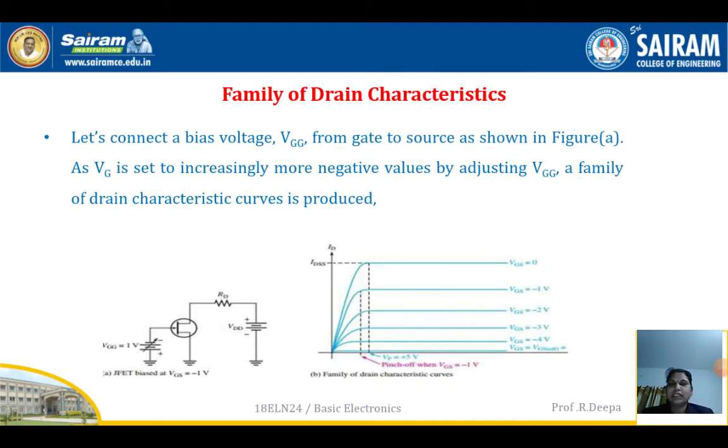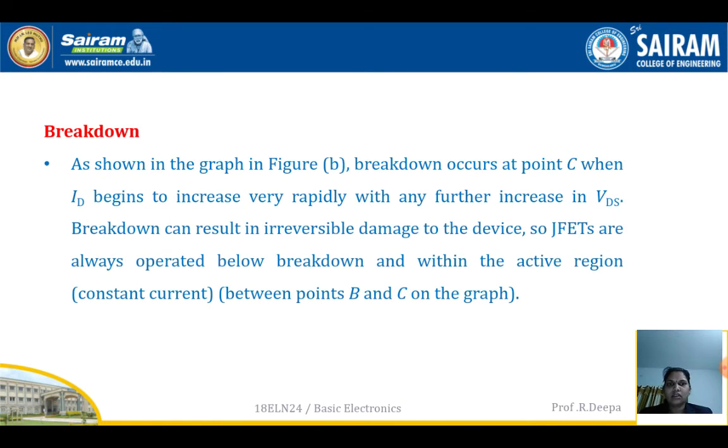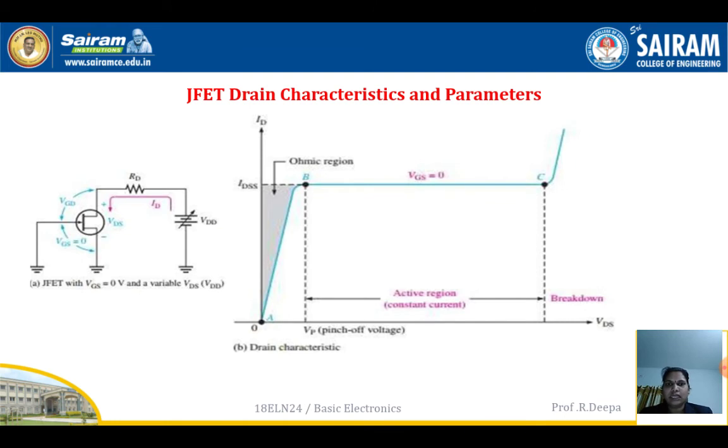Good morning, students. In the last class, we studied what a JFET is and the symbol and characteristics of a JFET. We have seen the drain characteristics of the JFET, drawn for VGS equal to 0, a graph between the voltage across the drain and the source, VDS, versus the drain current.